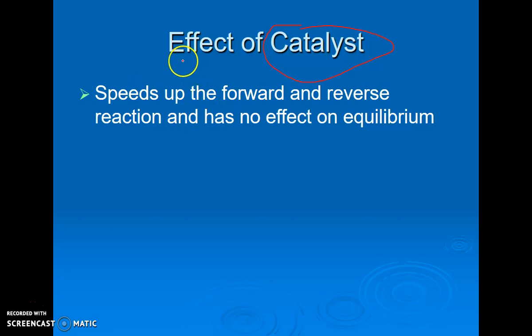So if you add a catalyst to a reaction at equilibrium, it just makes both reactions occur faster and has no effect on the overall equilibrium. So a lot of times in a multiple choice, they're like, which of the following will shift the reaction forward, or to the left, to the right? And one of the choices will be a catalyst. That is never the correct answer, because catalysts have no effect on equilibrium.